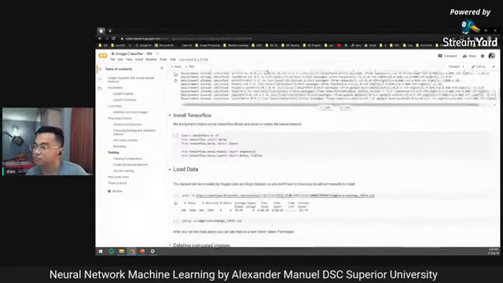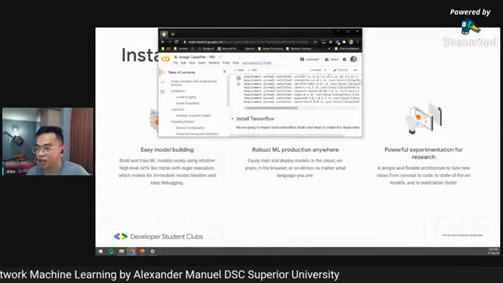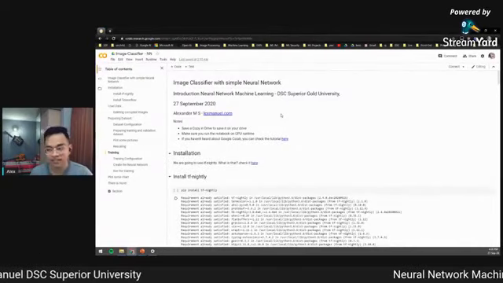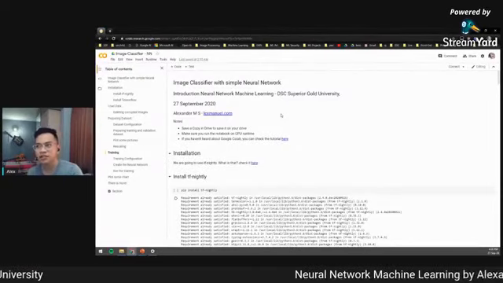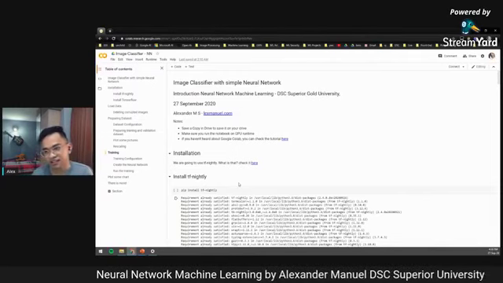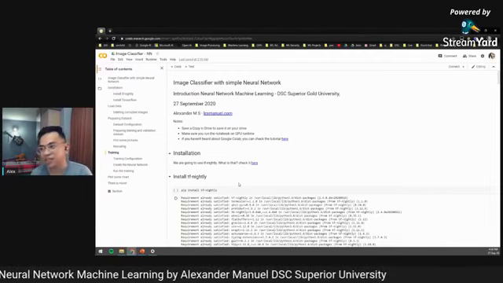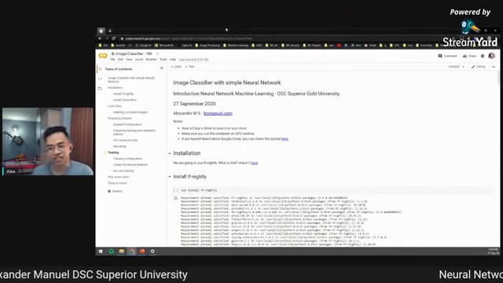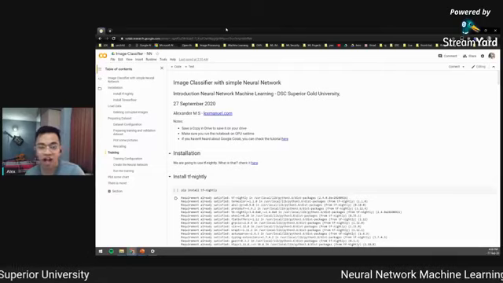What's really good is that you don't have to set up the environment, meaning you don't have to install TensorFlow and update it, which is quite hard actually.